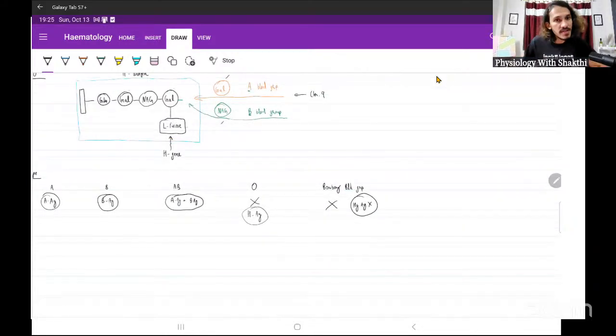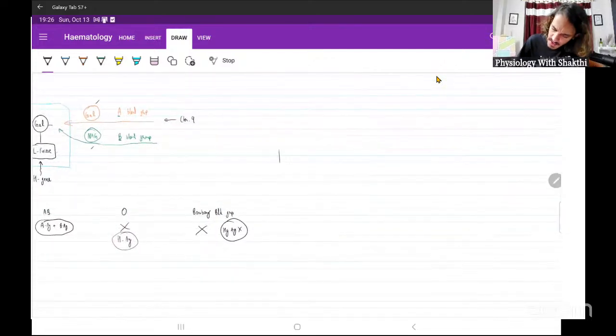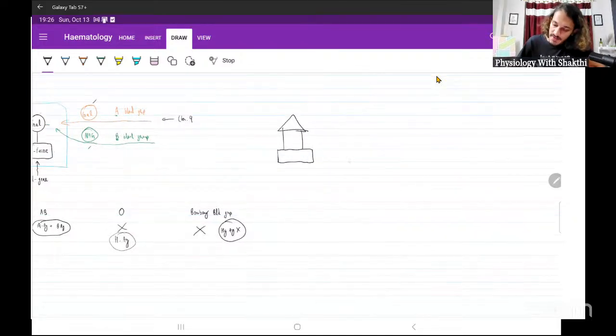So even if the person is genetically supposed to be A blood group, from chromosome 9, galactosyl transferase is there. But because the H, that basic block, is not there, the person will not have the A antigen on top. It's just like building a house. You build a base first and then you build a house. Without building the base, if you start directly building stuff, it will eventually crumble.